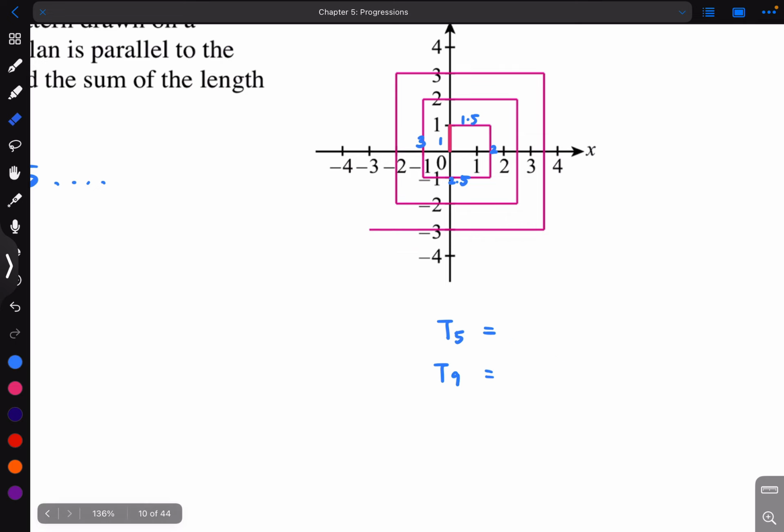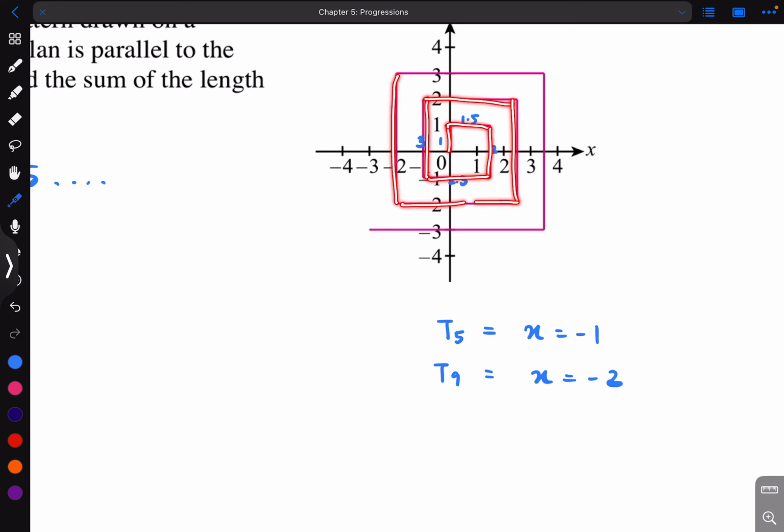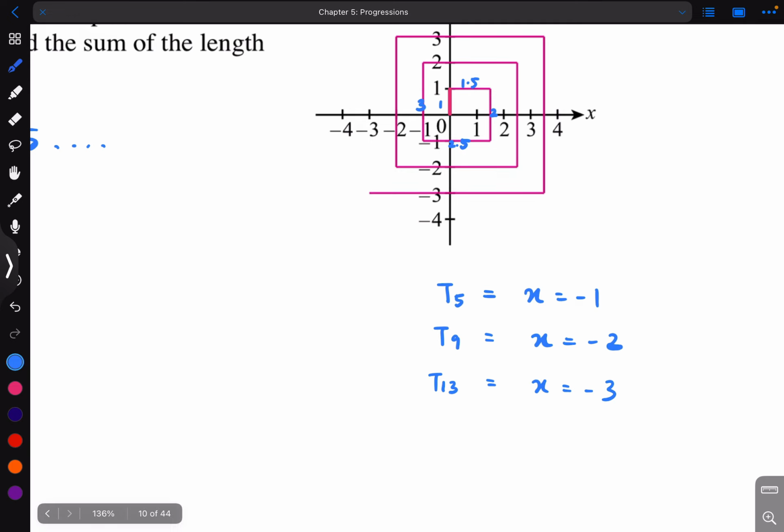Maybe I write here properly. x is negative 1, x is negative 2. Okay, so 1, 2, 3, 4, 5, 6, 7, 8, 9, 10, 11, 12, 13. The 13th term is x is negative 3. And it will continue.